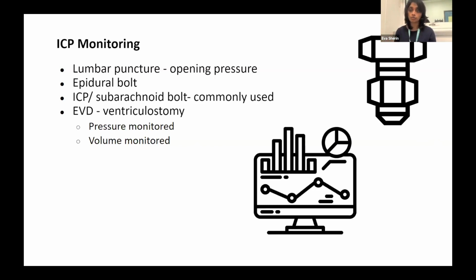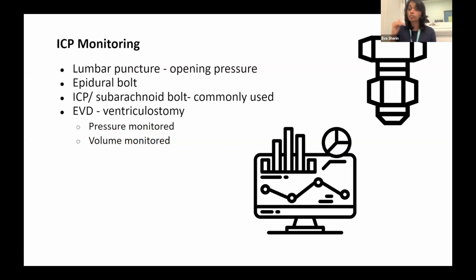The pressure monitored one is when you keep the EVD at a particular level, usually at the level of your tragus, where the patient is lying down on the bed, and you keep it at a particular pressure. So when the intracranial pressure goes above a particular pressure point, then it opens up and drains it.